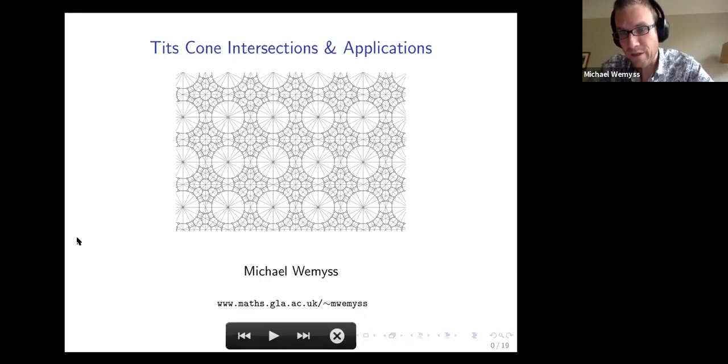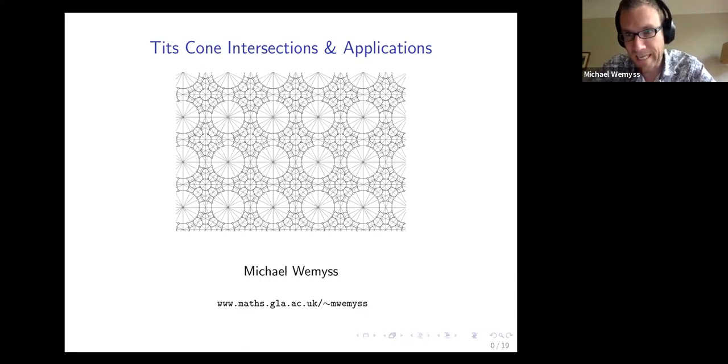So Tits cones have been around for a long time, but there's much less work done in describing intersections inside them. My aim in this talk is to try to convince you that not only are the theorems somehow visually beautiful, like on my first slide, I'm also going to try to convince you that they're important structurally.